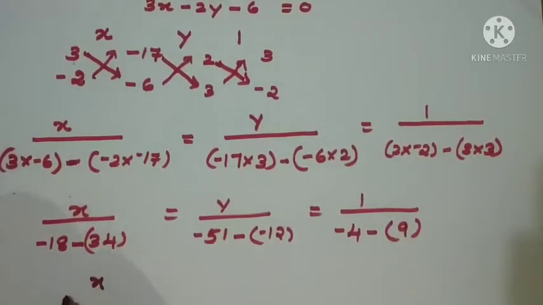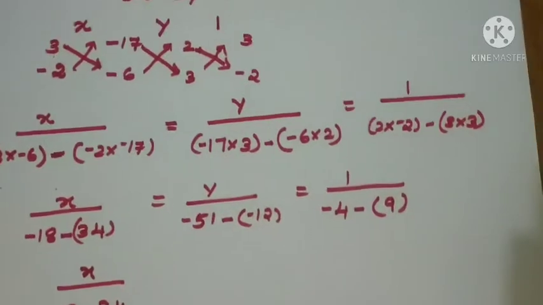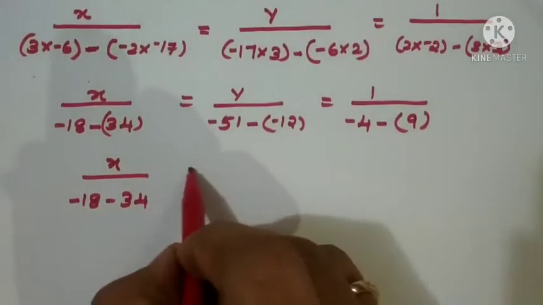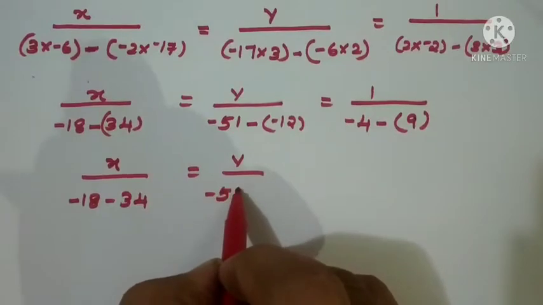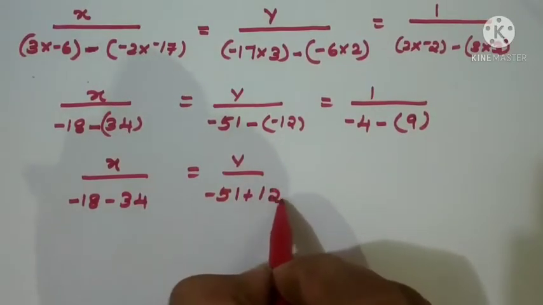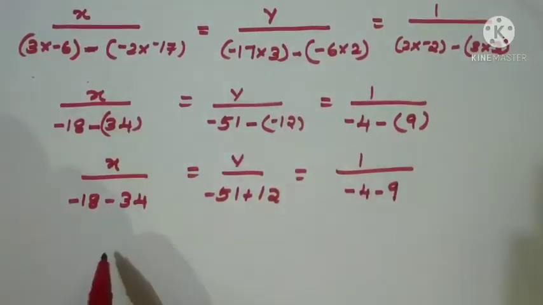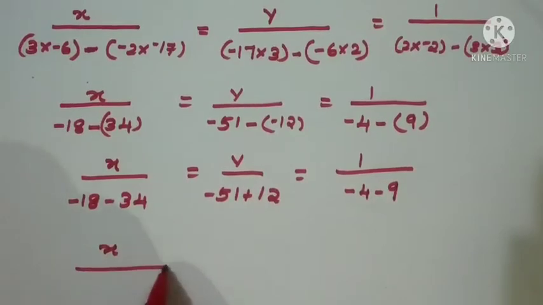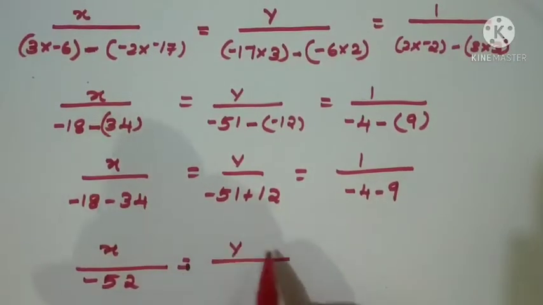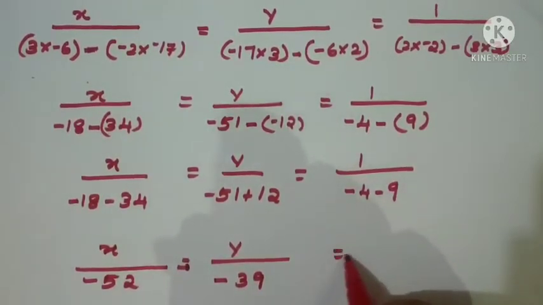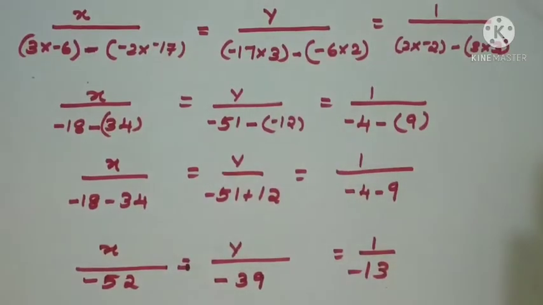So x divided by minus 18 minus 34, y divided by minus 51 plus 12, 1 divided by minus 4 minus 9. After simplification, x divided by minus 52 equals y divided by minus 39 equals 1 divided by minus 13.